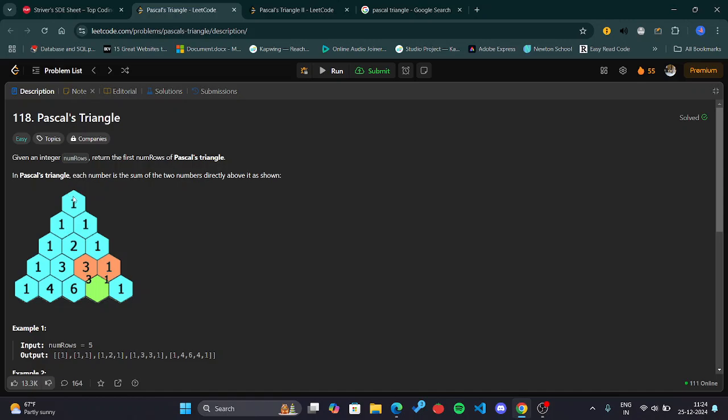Here is 1, and then addition of this, like here is nothing, so 0 plus 1 is 1. Now here is also nothing, so 0 plus 1 is 1. Again, this is 1 and here is nothing, so 0 plus 1 is 1.